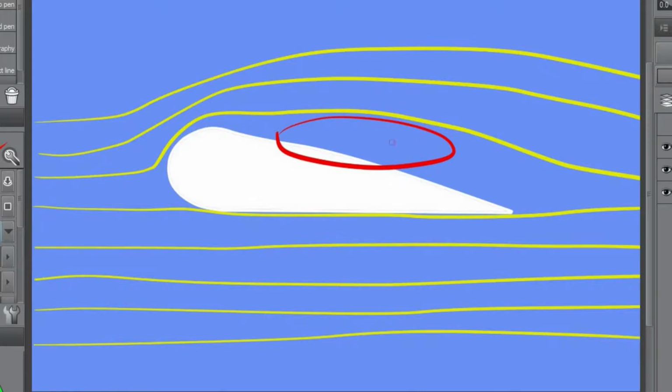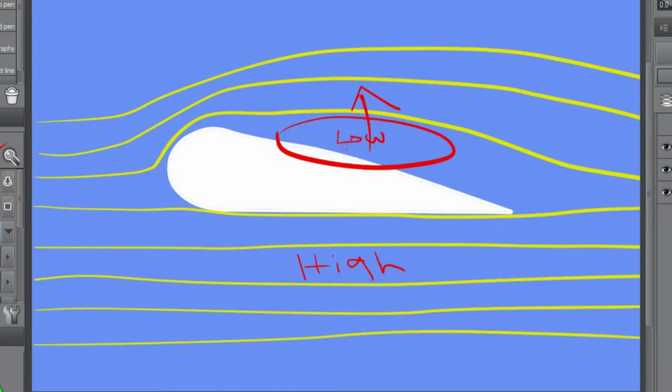This pocket of low pressure is what gives you your lift, because you have high pressure down below and you have low pressure in this pocket. And so the pressure from below the wing drives the wing up.